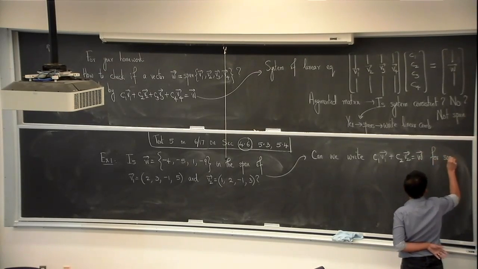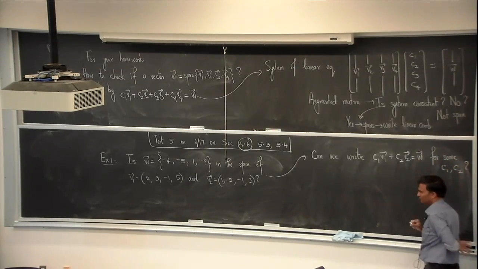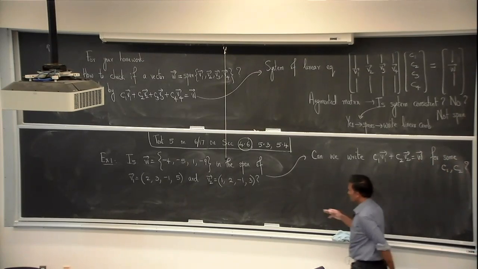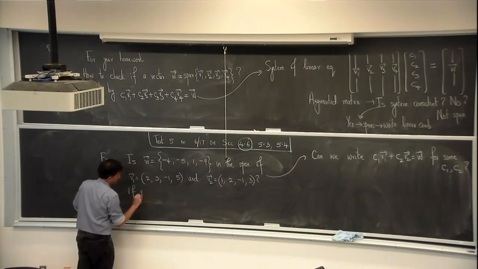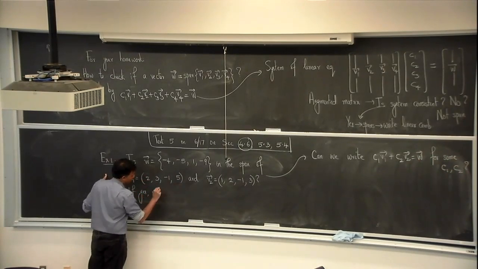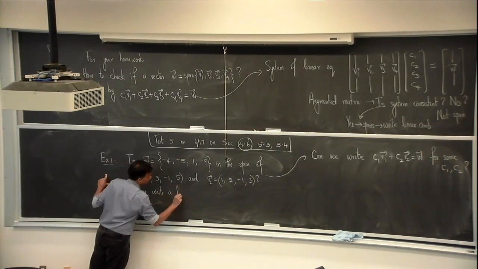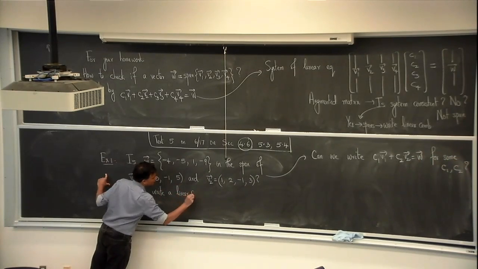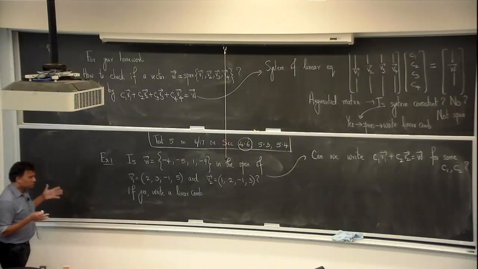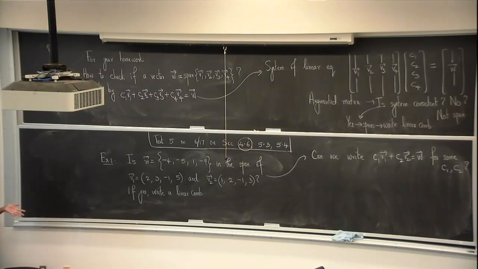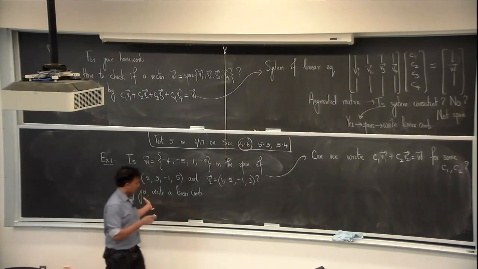In other words, is the system consistent or not? There is a second part to this question. If the answer is yes, write a linear combination. Usually, if that is the supplemental question, that usually means the answer is yes. Otherwise, there is no point in asking this.